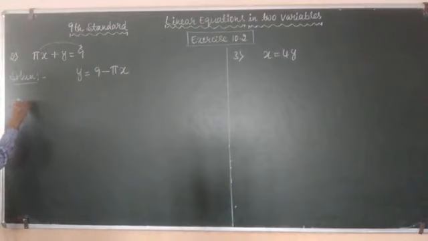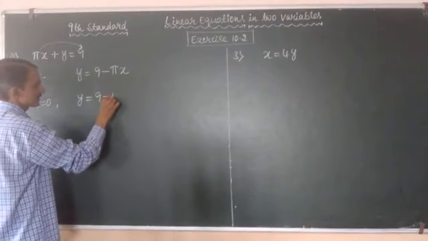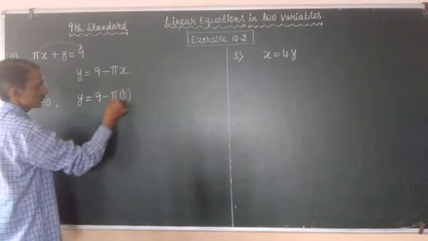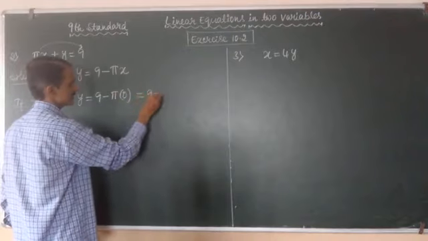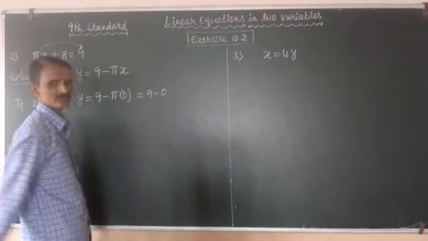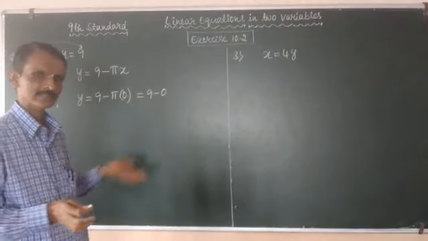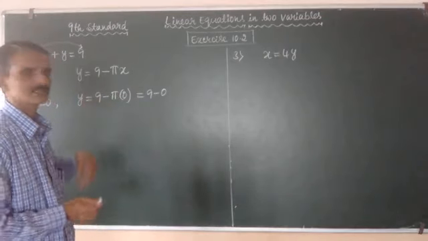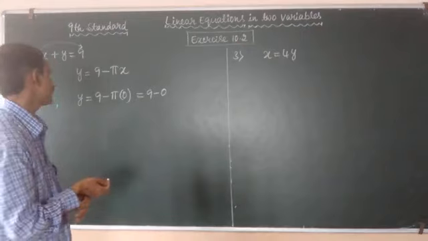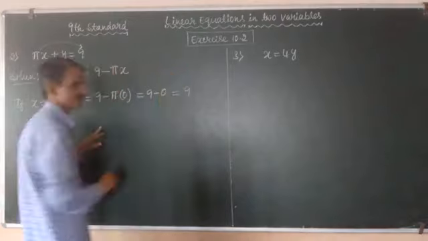Now if x equals 0, y equals 9 minus 5 into 0 equals 9 minus, so 5 into 0 is 0, 0 into anything is always 0, 0 into number or numeral will be 0, so 0 into variable is 0, so 5, it is an irrational number, it is also 5, 0 into 5 is 0, so value is 9.